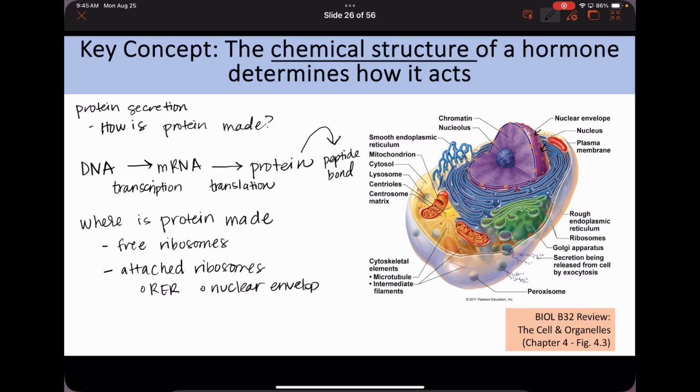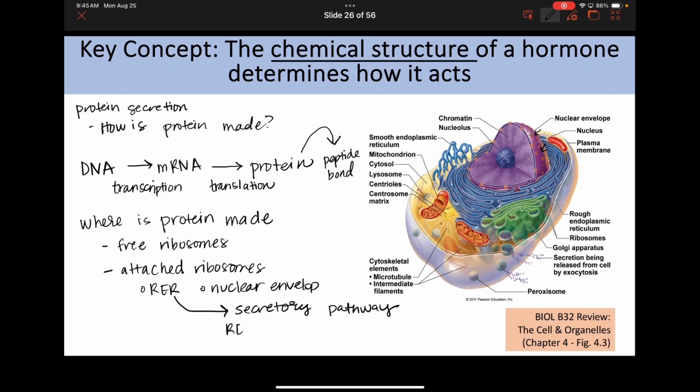So as far as the rough ER goes, something else you learned in B32 was the secretory pathway. What is the secretory pathway? We go from the rough ER, what would be the next step? To the Golgi body, to a vesicle, which then leads to exocytosis. Everyone remember that secretory pathway from B32?